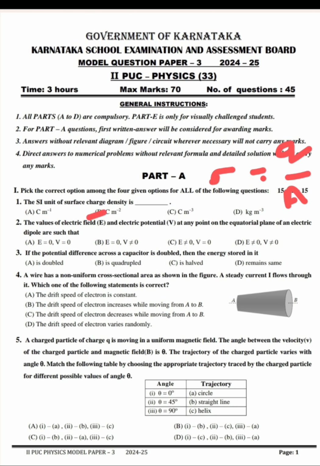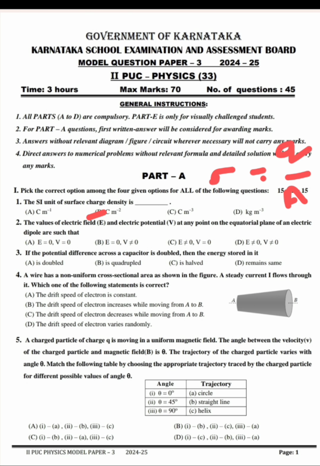The values of electric field E and electric potential V at any point on an equatorial plane of an electric dipole are such that. See, equatorial line is a line passing through the center of the dipole.